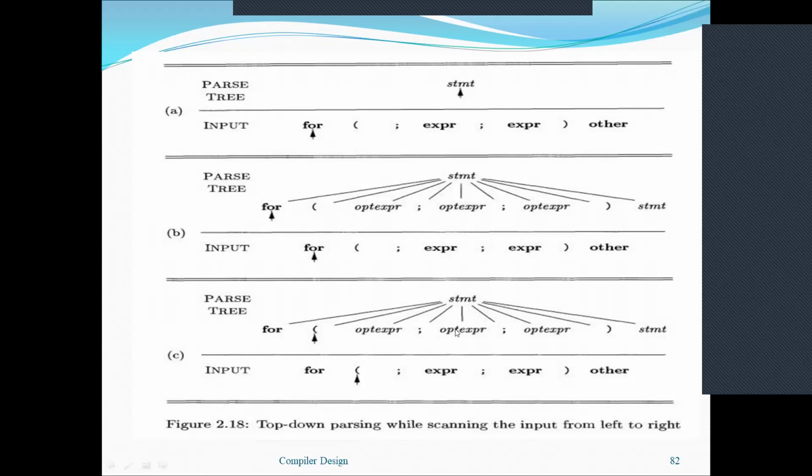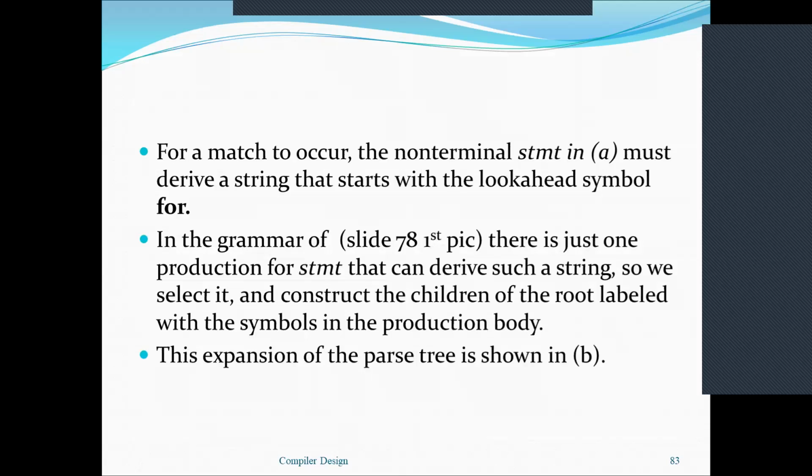If it matches the input string, we can say that the parse tree that has been generated is the right match, the correct one. The expansion of the parse tree is shown in B. Slowly the parse tree has been expanded.